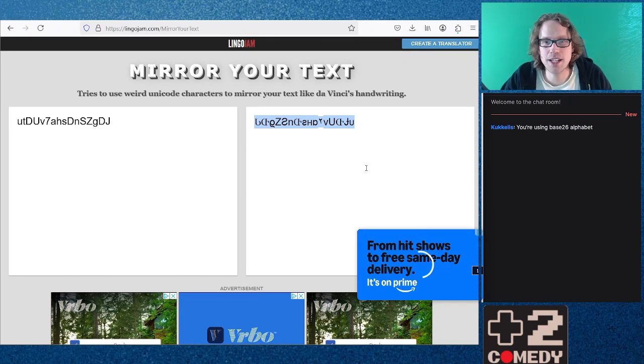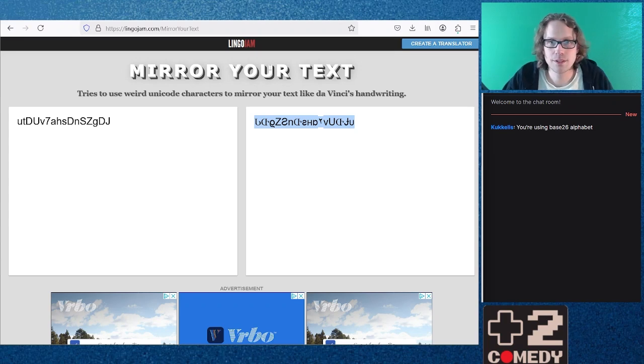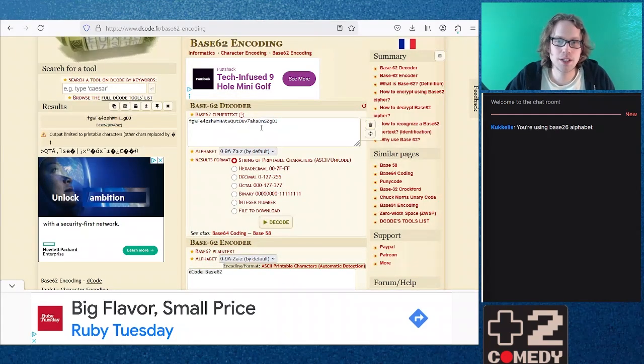Doesn't look like it says anything. But Kakelis, you're the one that told me base 62, which is base 26 reflected. This isn't going to be anything. Yeah, I don't think so.